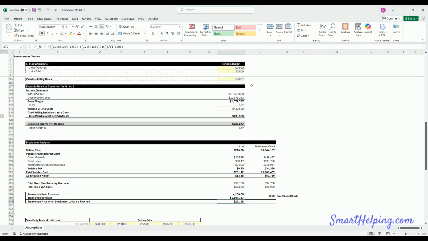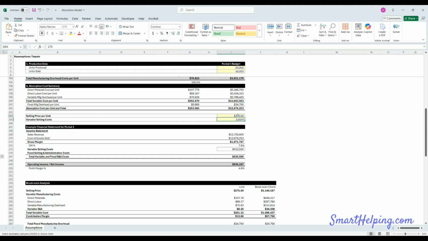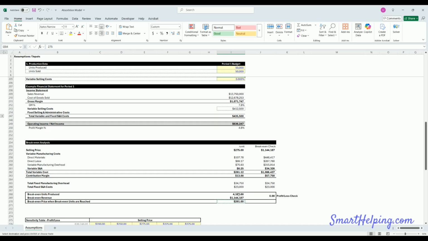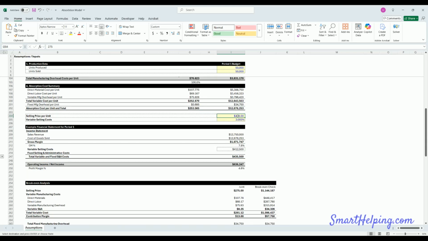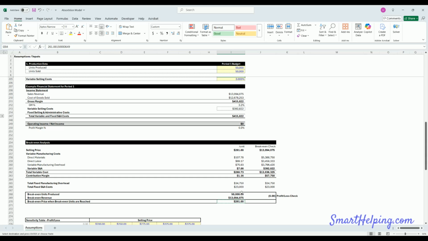So if I go here and copy this into here, now as soon as I paste this into here, this break-even units produced is going to jump up to 50,000 because this is my break-even at 50,000 units. So I can plug this into here, and now look, 50,000 is now my break-even units produced.